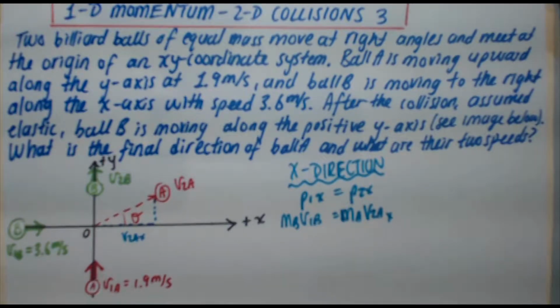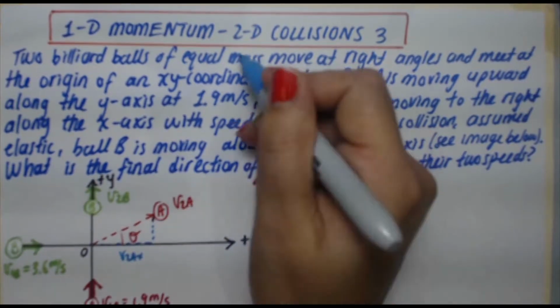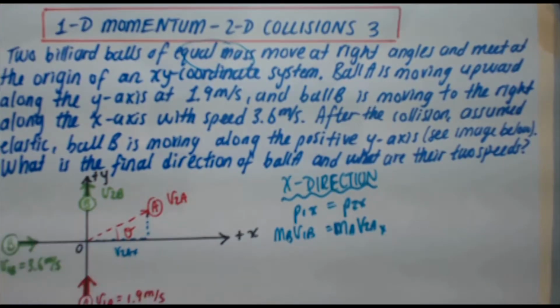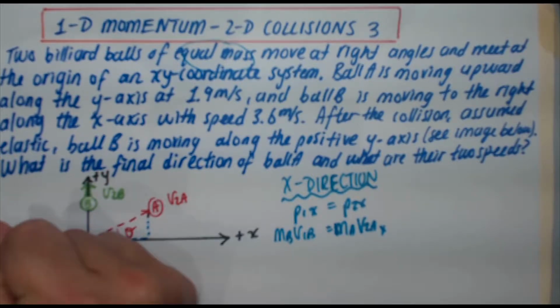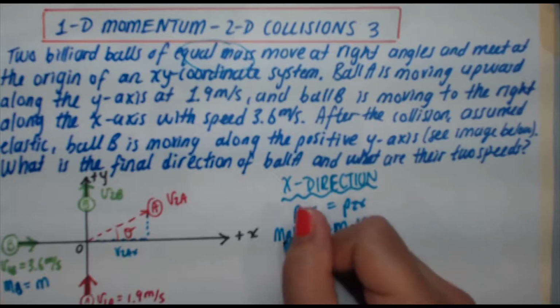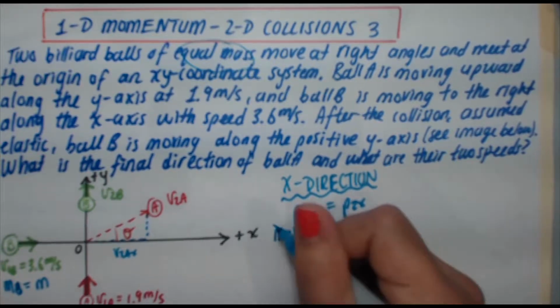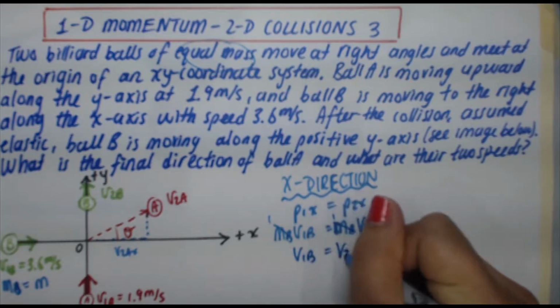Okay, so let's make this problem a bit simpler. We're told that the billiard balls have equal mass. So mass B is equal to m, mass A is equal to m. If both of these are m, they're the same, they cancel out. So you're left with v1B equals v2Ax.